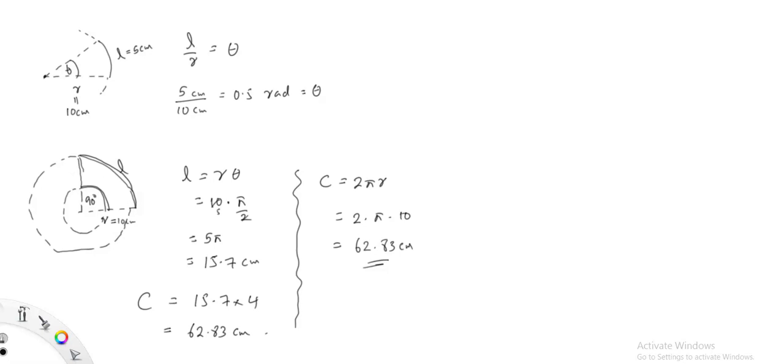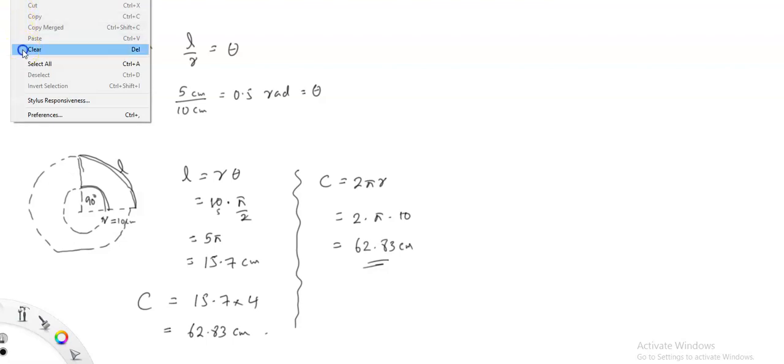Let me erase this whole thing and start a new page. So now we all know that we have this equation L equals R theta. This is our starting point. Theta is an angle measured. L is a length measured along the arc. This radius of the circle is what connects one to the other, right? An angle and a length are connected by the radius.